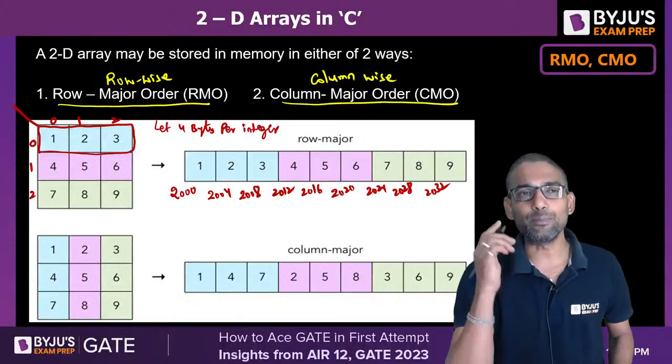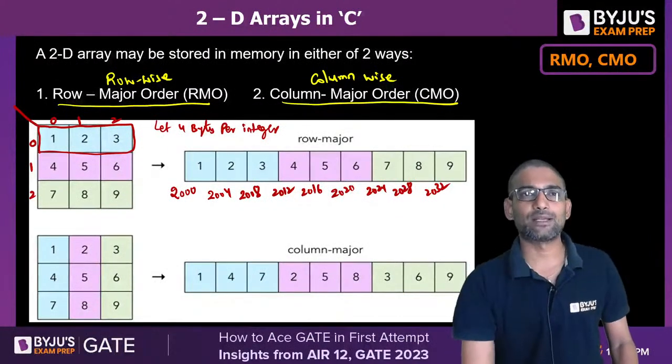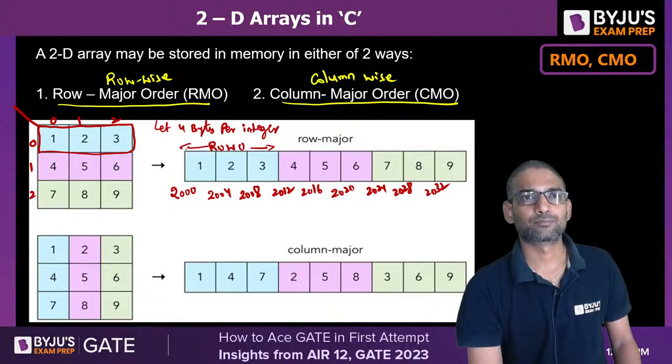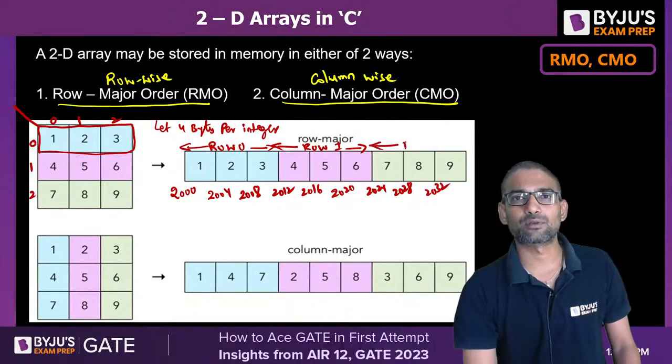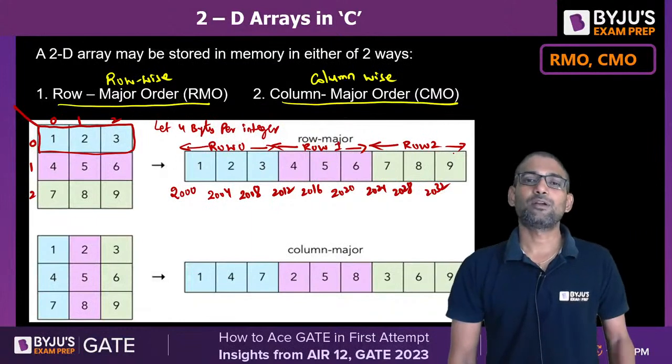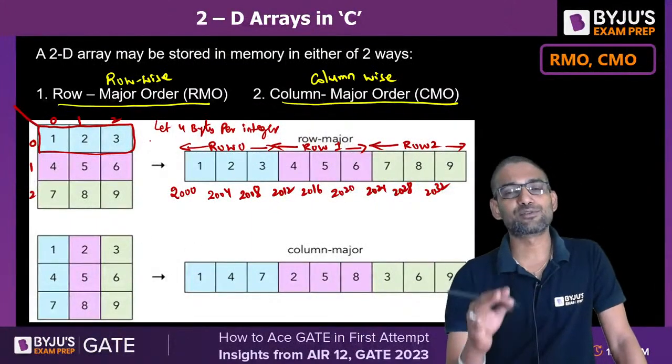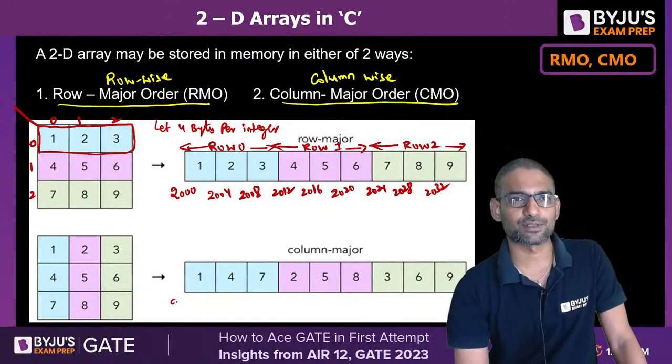If it is row major order, first row values are stored. So this is row 0. Then the next row values, row 1. Then the next row values, row 2. If it is column major order, column wise the values are stored in the same locations.